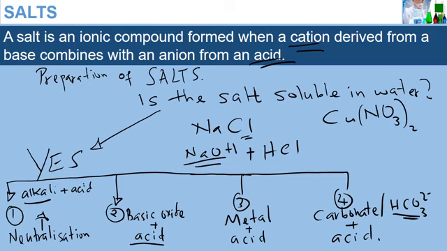So we'd use a basic oxide such as copper 2 oxide, which will give us the copper, that is the base, and an acid that will give us the nitrate, which is definitely nitric 5 acid, and so on and so forth.